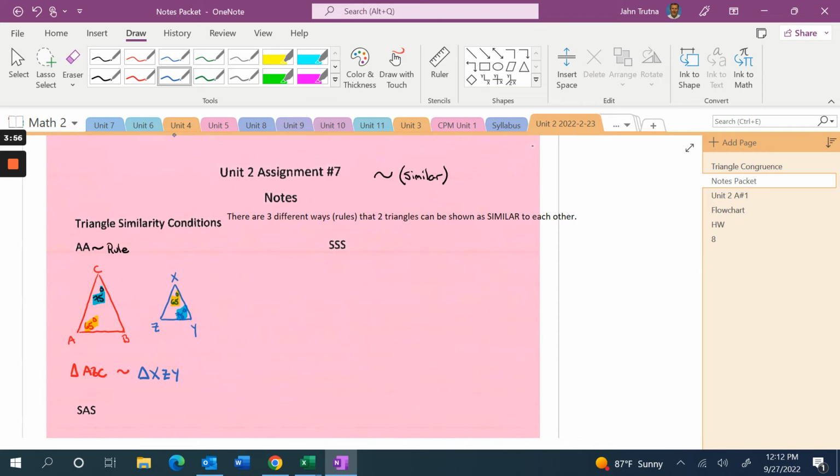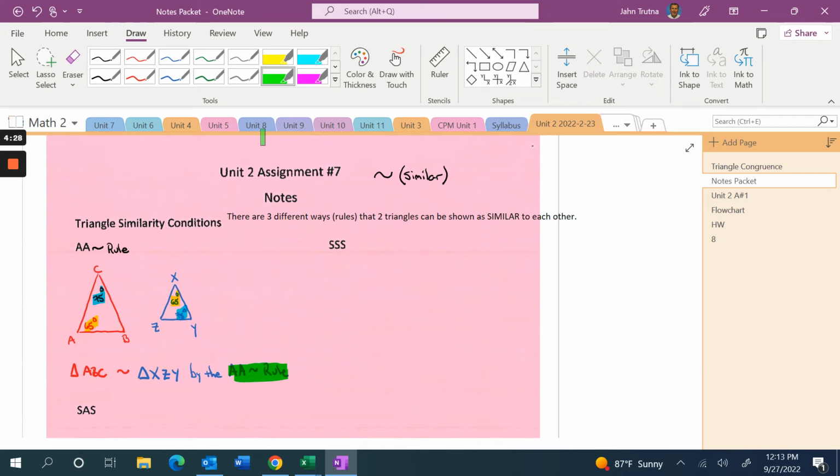So we could say that triangle ABC is similar with triangle XYZ by the angle similar rule. What does that angle similar rule say? It says that if two angles in one triangle are the same as 2 angles in another triangle, then the 2 triangles have to be similar to one another.